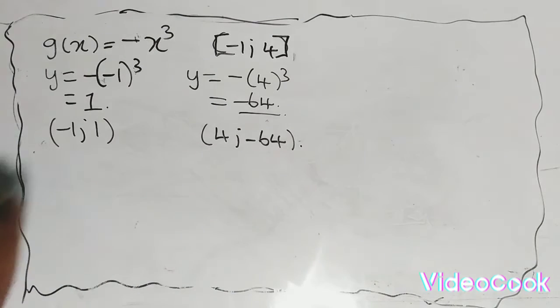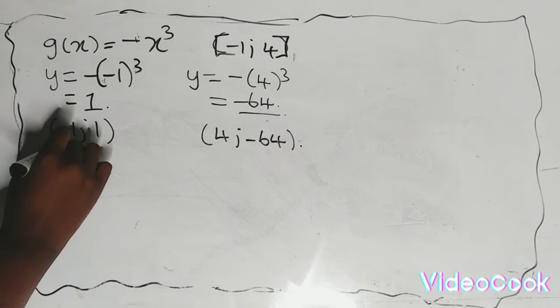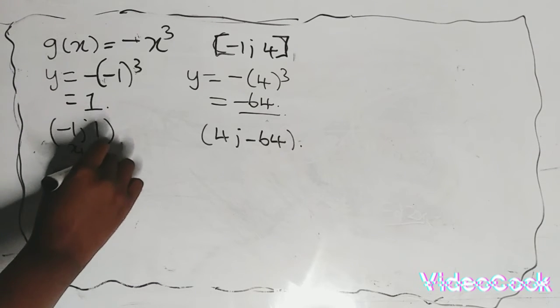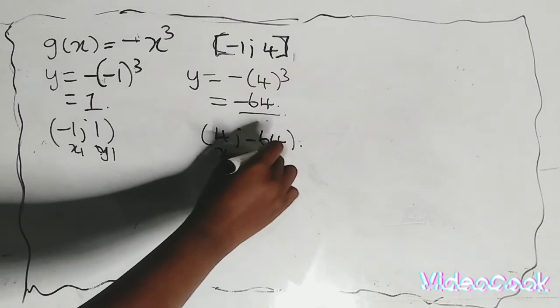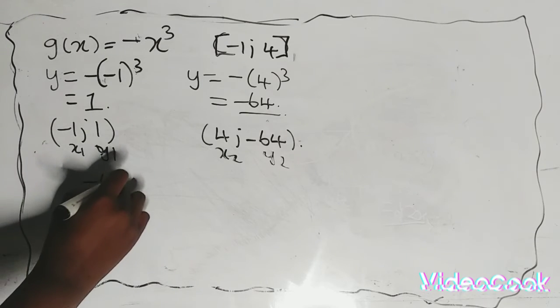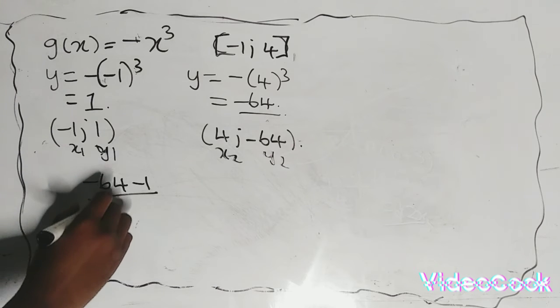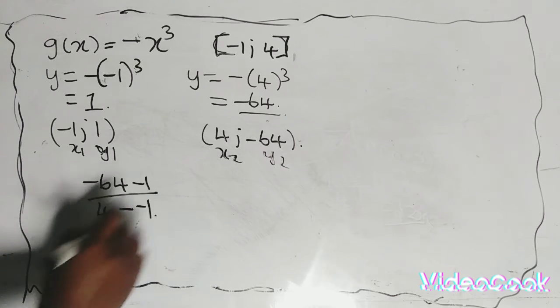Now, what is the average rate of change? They want the gradient, right? I'll give these names: x1, y1, x2, y2. Now I can say it's negative 64 minus 1 over 4 minus minus 1.